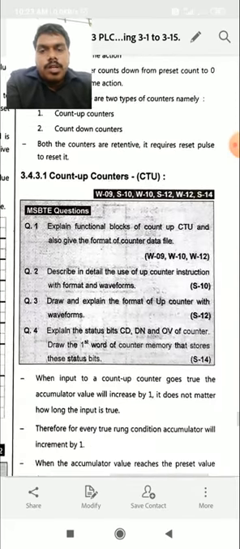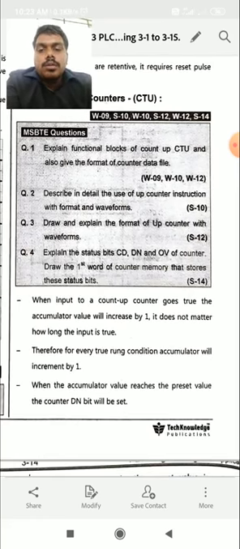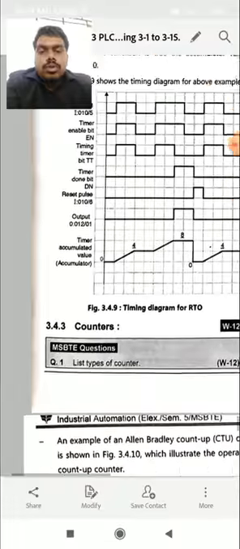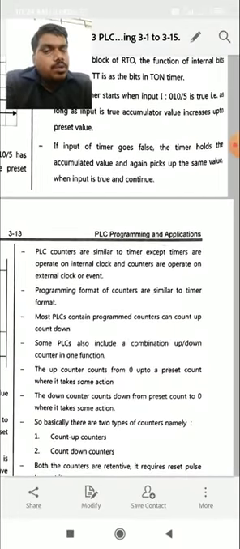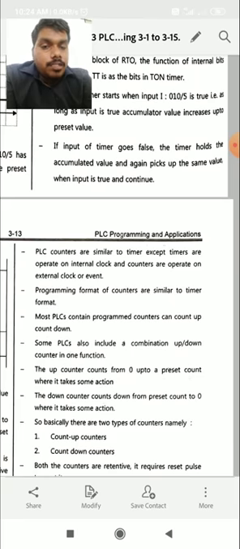Next one is the counters. There are count up counters, CTU. Let's see counters from the basics. PLC counters are similar to timers, except there are some other parameters which are not included in timers.